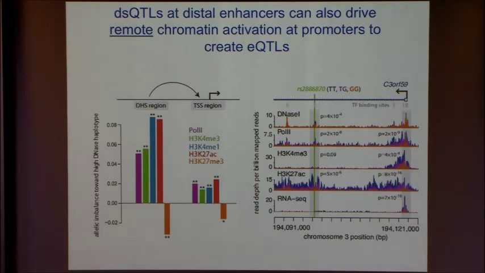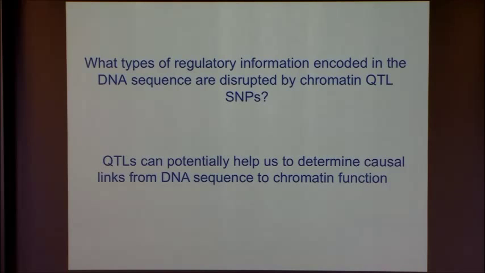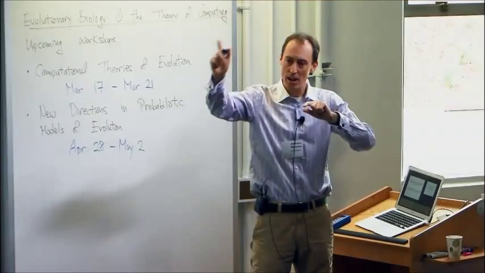So in the last part of the talk, I just want to say a little bit about trying to understand the precise sequence features that are being impacted by these dsQTLs. I think that one really nice aspect of studying genetic variation and gene regulation is that we can start to get at the causal pathways between DNA sequence and gene regulation.